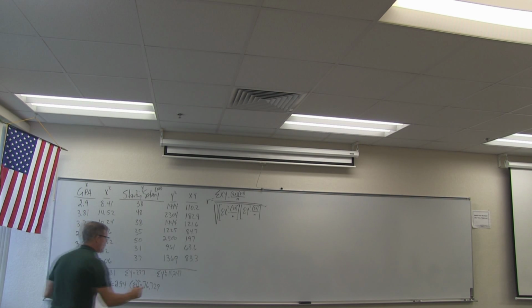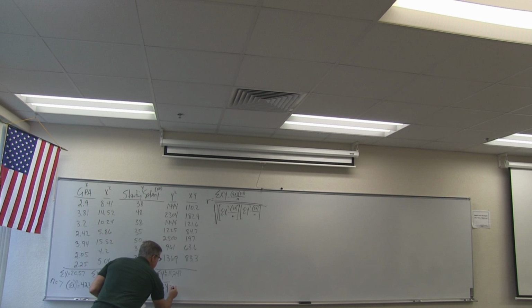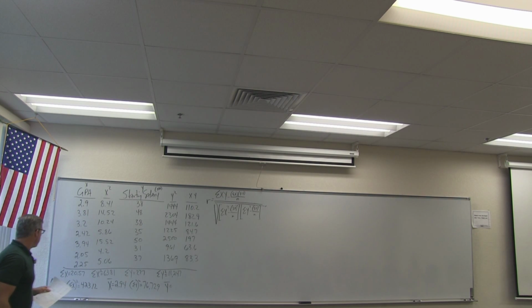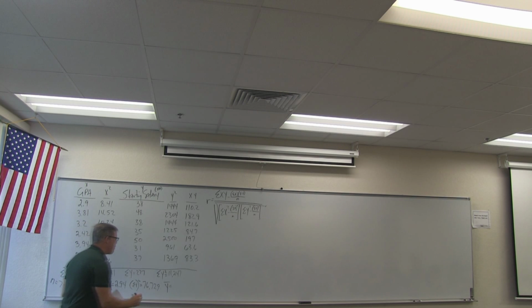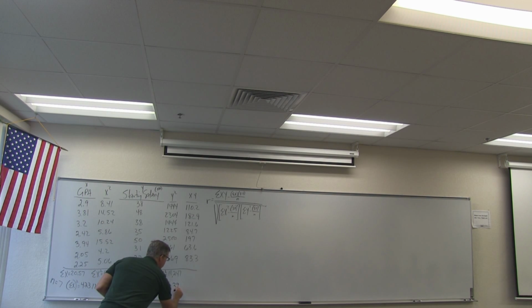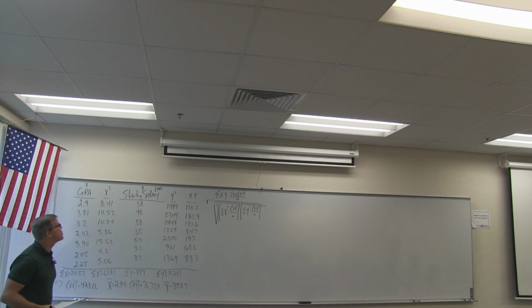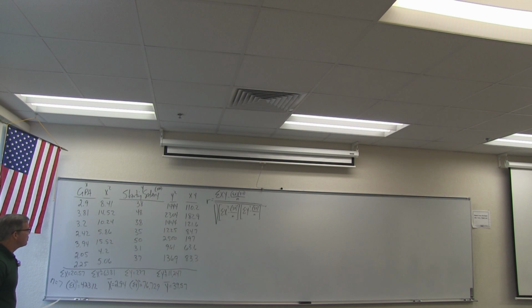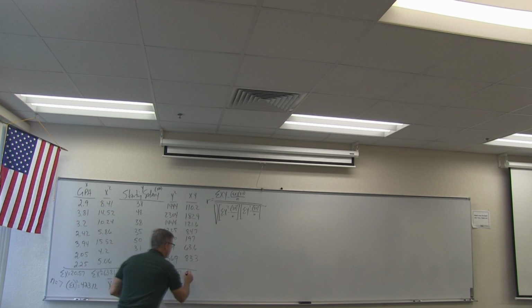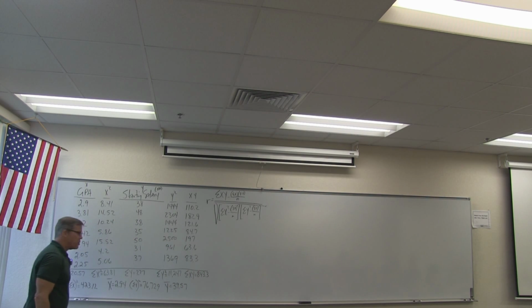Y bar, sum y divided by n, 277 divided by 7 is 39.57, or $39,570 mean starting salary for our sample. Sum xy, 843.3. And it looks like we're ready to go.